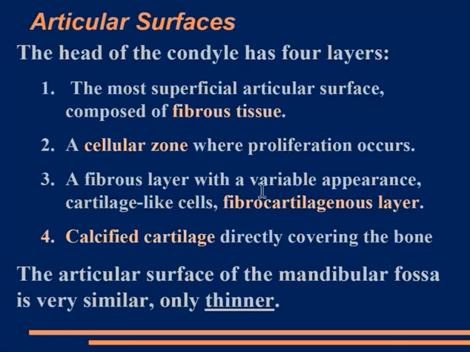The third layer, beneath the cell-rich zone, is another fibrous layer that can have a variable appearance. We have some cells that are round, cartilage-like, and some other cells that are also cartilage-like. So this layer is generally referred to as the fibrocartilaginous layer.